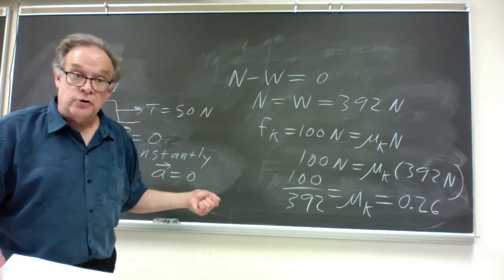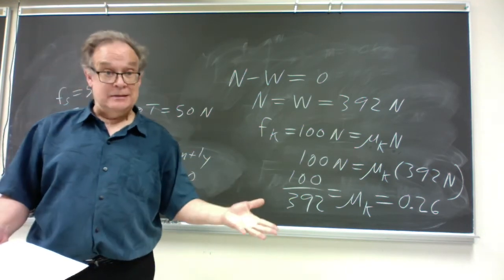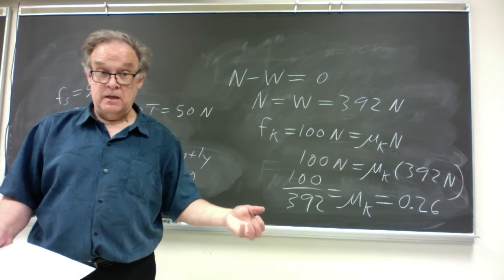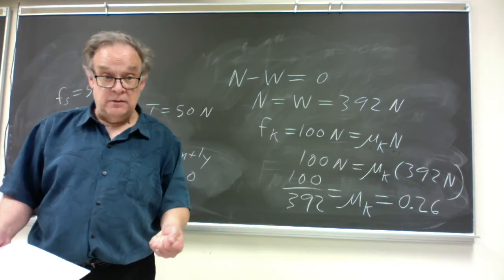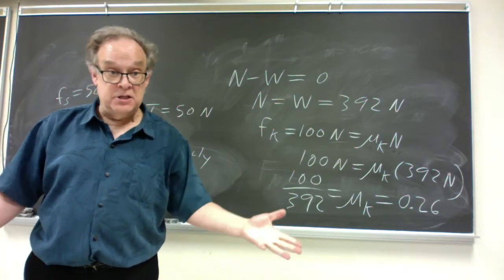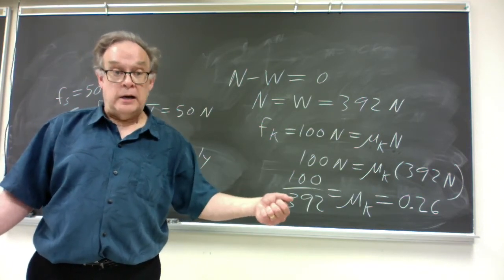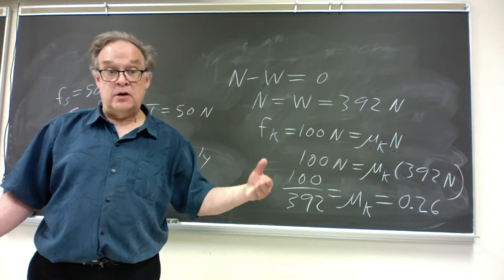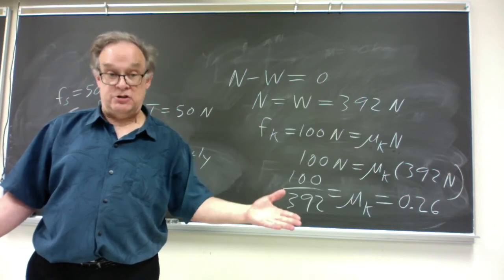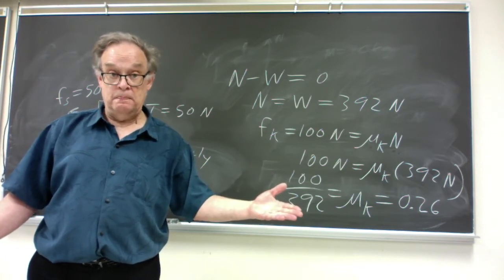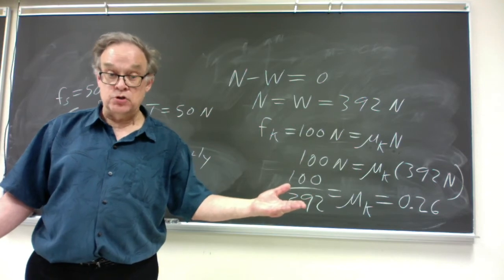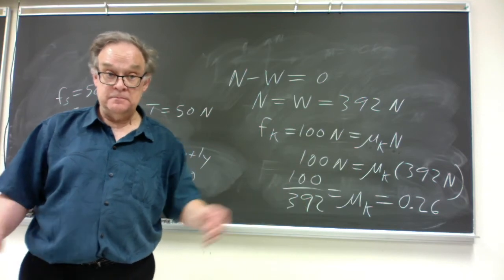You pull harder, and it still doesn't move. You pull harder still, and it still doesn't move, because even when you pull harder, static friction is able to match the strength of your pull and cancel out the strength of your pull.